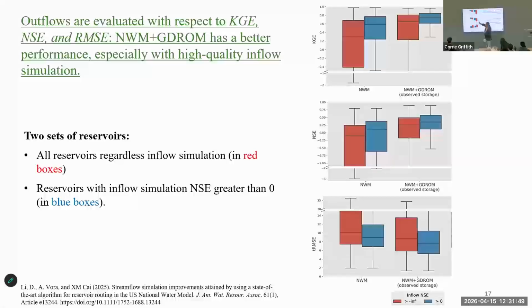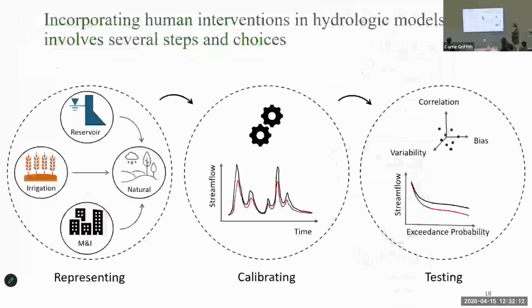And we also say they reduce the range. That's also important, right? Not only the mean, we say they reduce the range for the cases with GDRAM. So we also did this for some watershed models, which is also published in recent years.